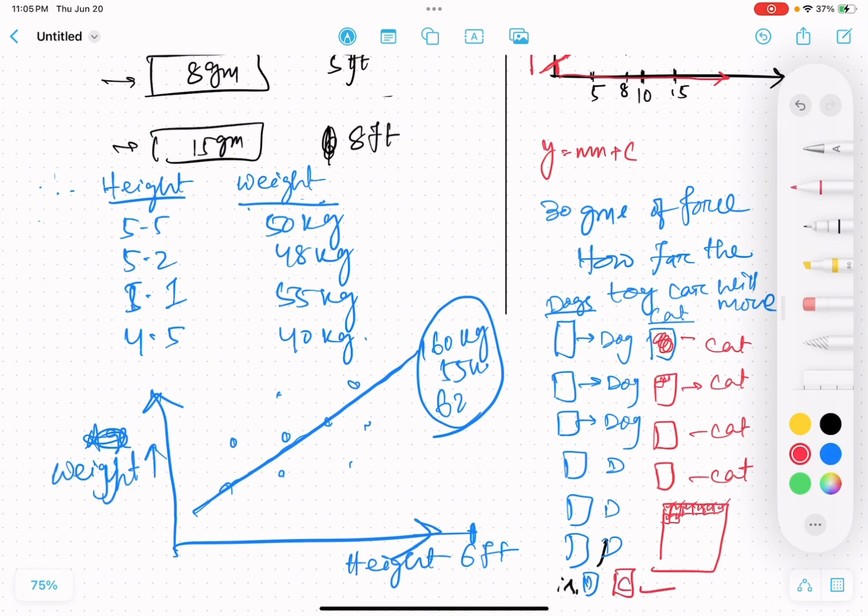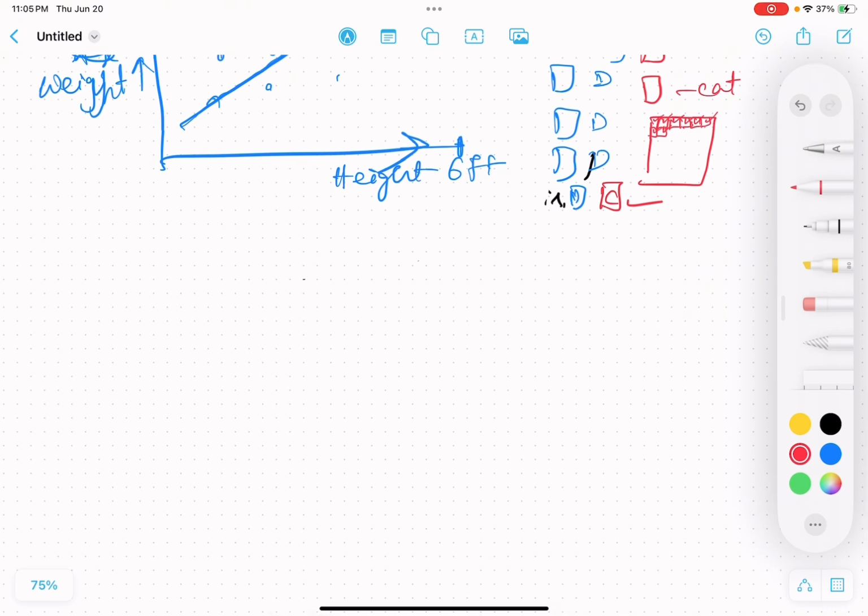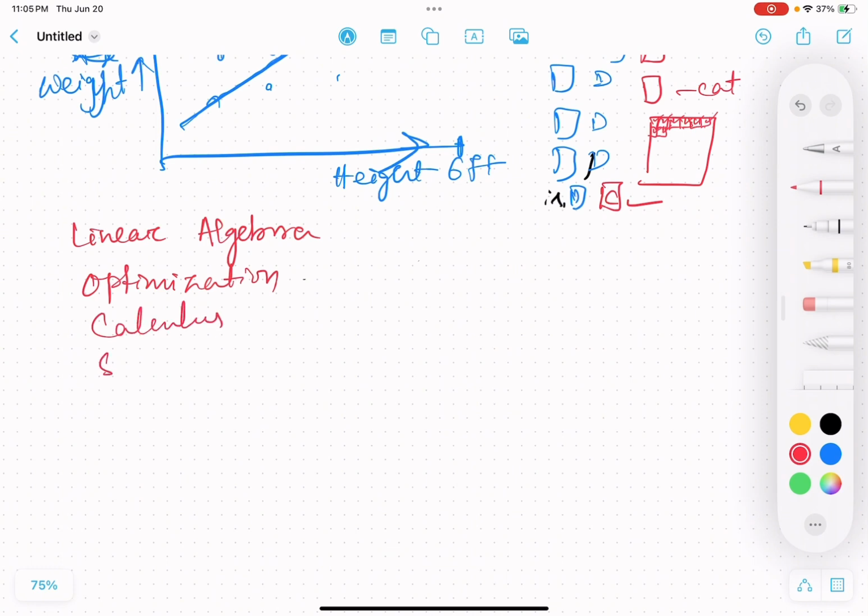So although it is not very simple, it's not difficult, right? If you have a good understanding of logic and mathematics, at least up to high school mathematics, and on top of that you understand linear algebra, optimization, calculus, and statistics, right?